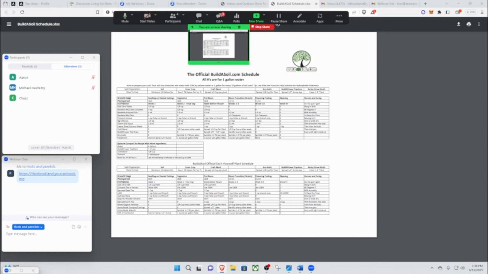Look at all the different additives that you have, or if you're doing hydroponics, you want to have the different nutrient additives, whatever nutrient mix that you have.